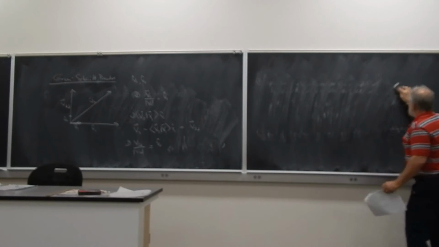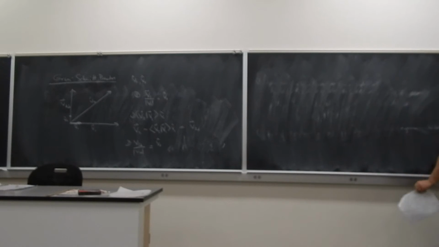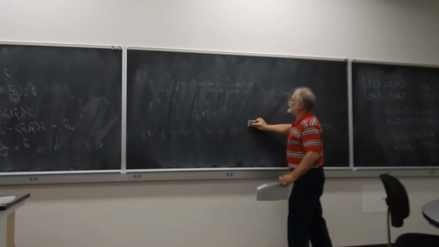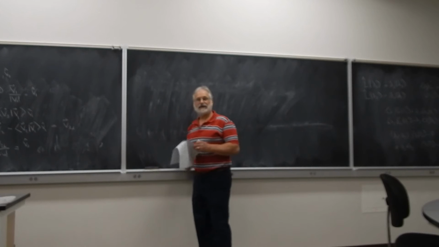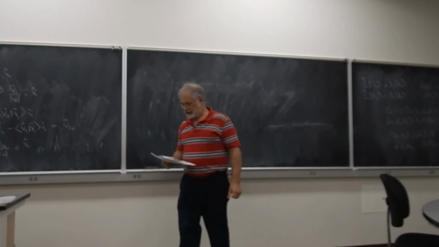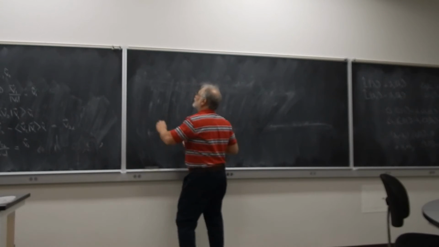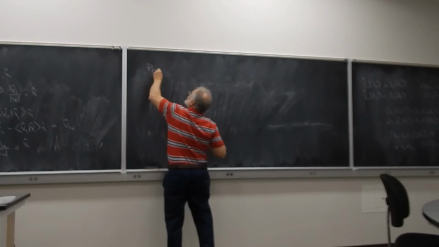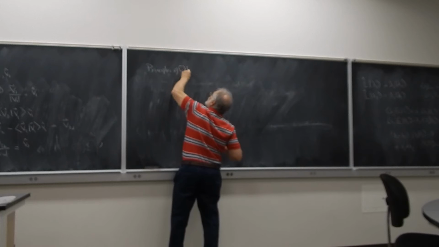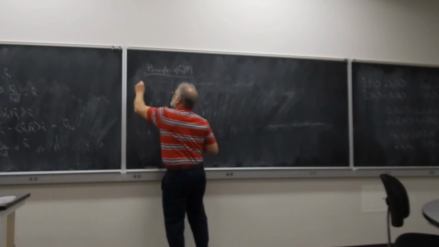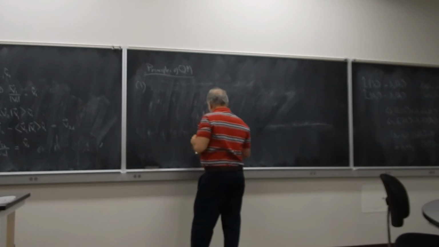We've reached a point in the course where we can talk about some of the fundamental principles of quantum mechanics. And this would be a good place to start. Principles of quantum mechanics. First one.